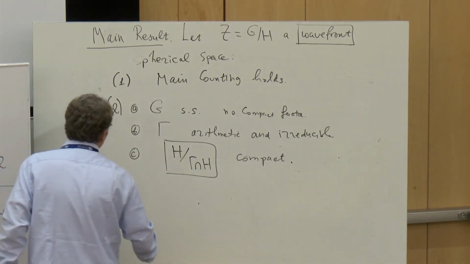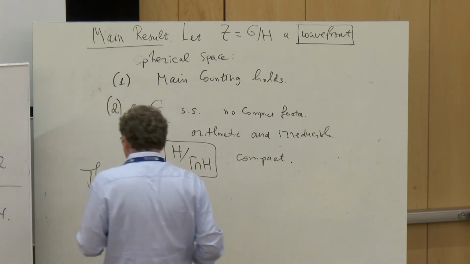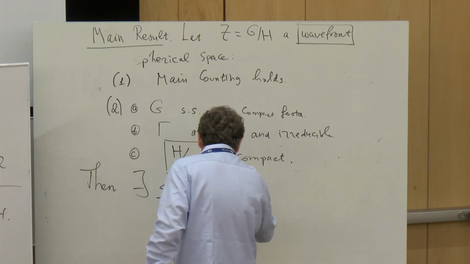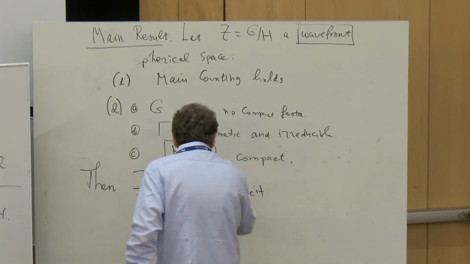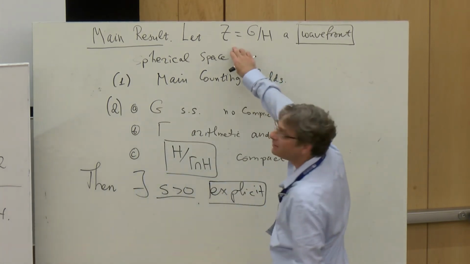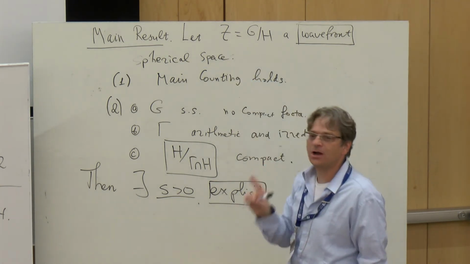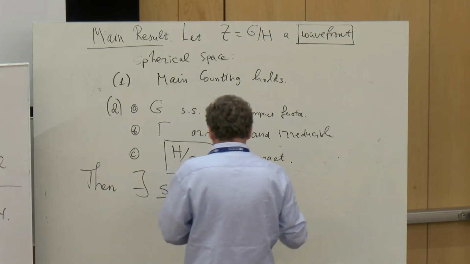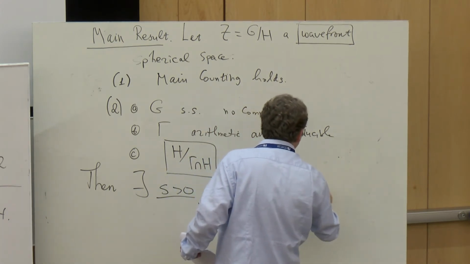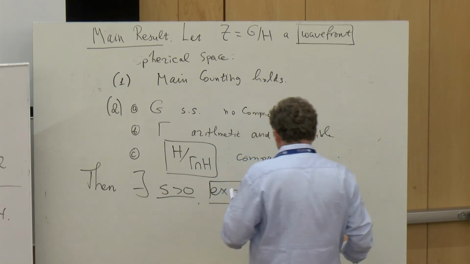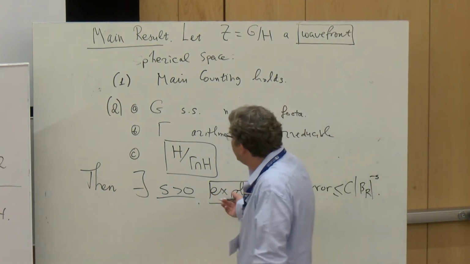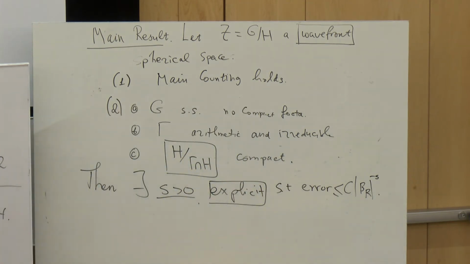Then there exists a positive number, which is completely explicit and ugly in terms of the parameters of the space Z and the properties of gamma, and I will elaborate on that in a second, such that the error is less than or equal to a constant times the volume of the ball to the minus s. Now, how is that different from the ineffective result? From your perspective, it's the same, because I have not written a formula.